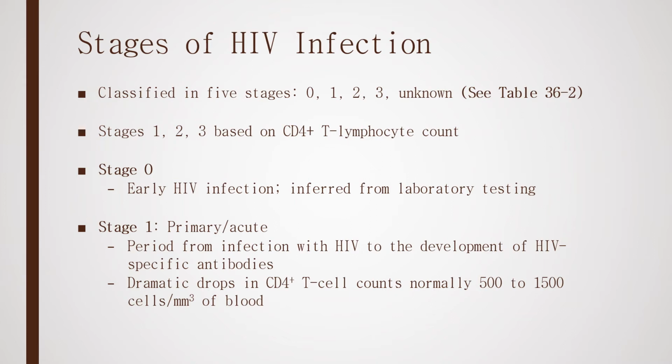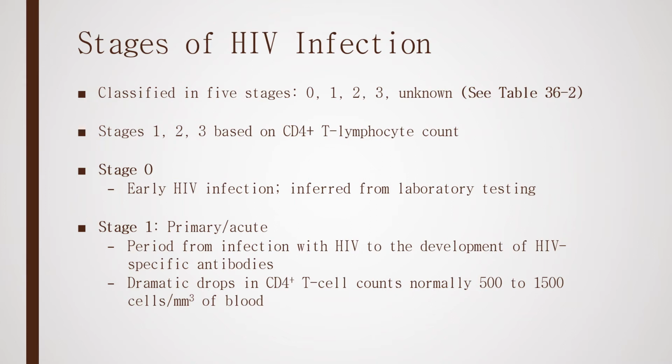During this stage, the virus is widely spread in lymphoid tissue, and a latent reservoir within resting memory CD4 cells is created.